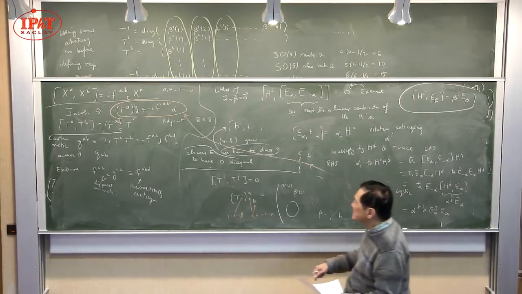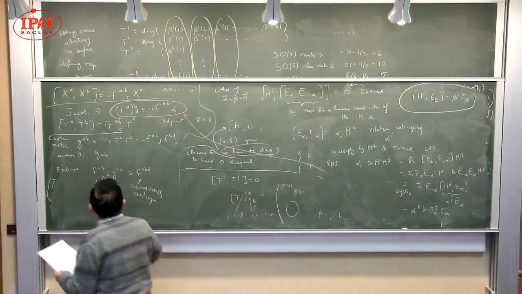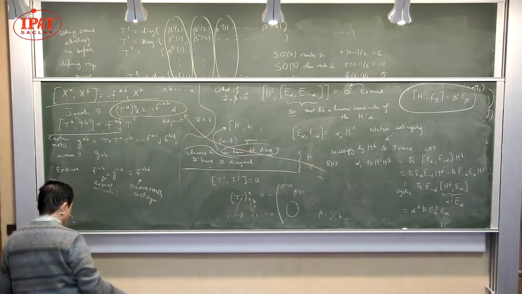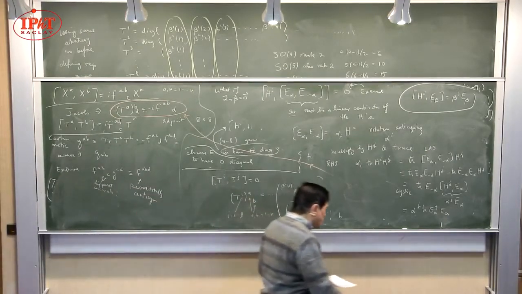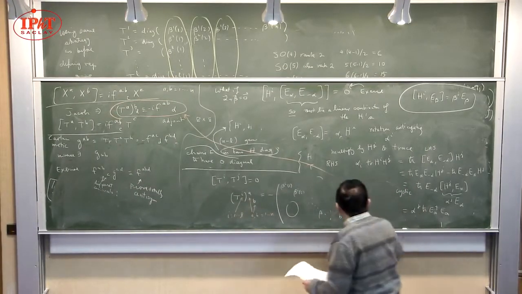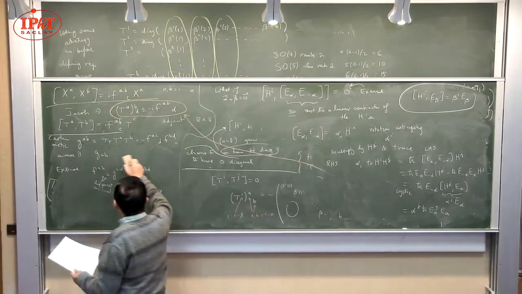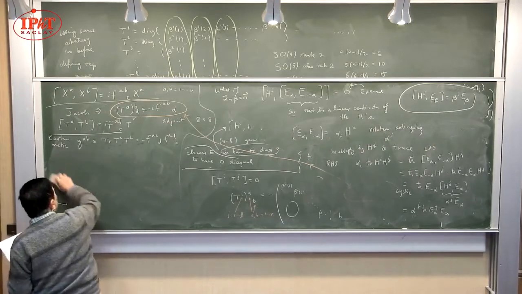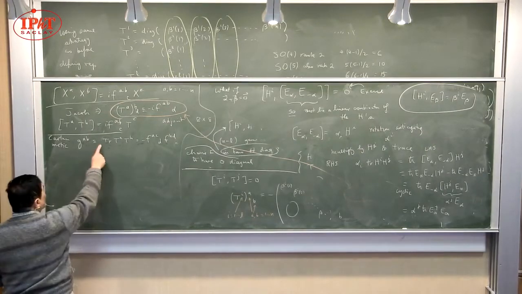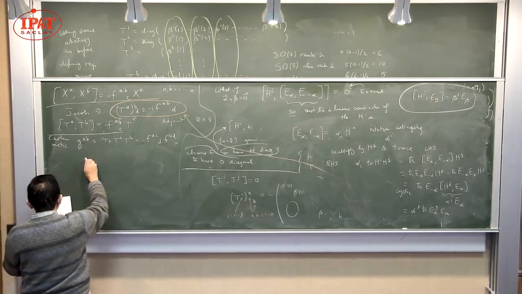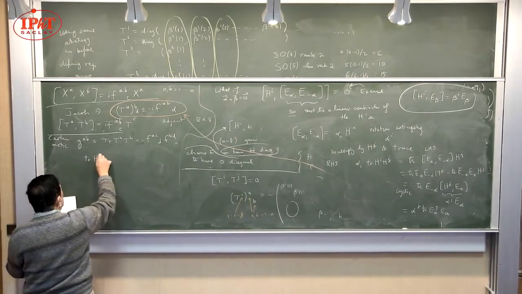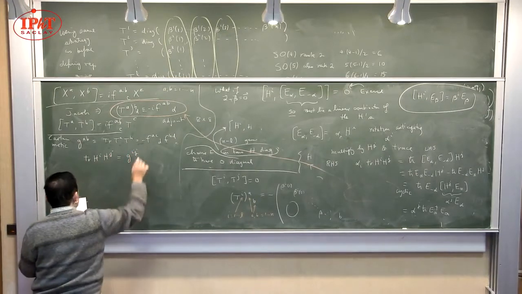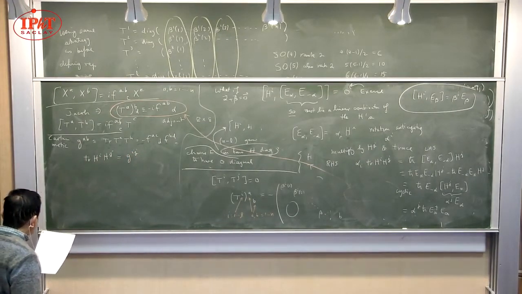In the Cartan basis, I have not erased this. It's nice here. g_AB, that's the metric. Trace H_i H_j is part of the metric. In fact, you see that trace H_i H_j is g_ij in this basis.